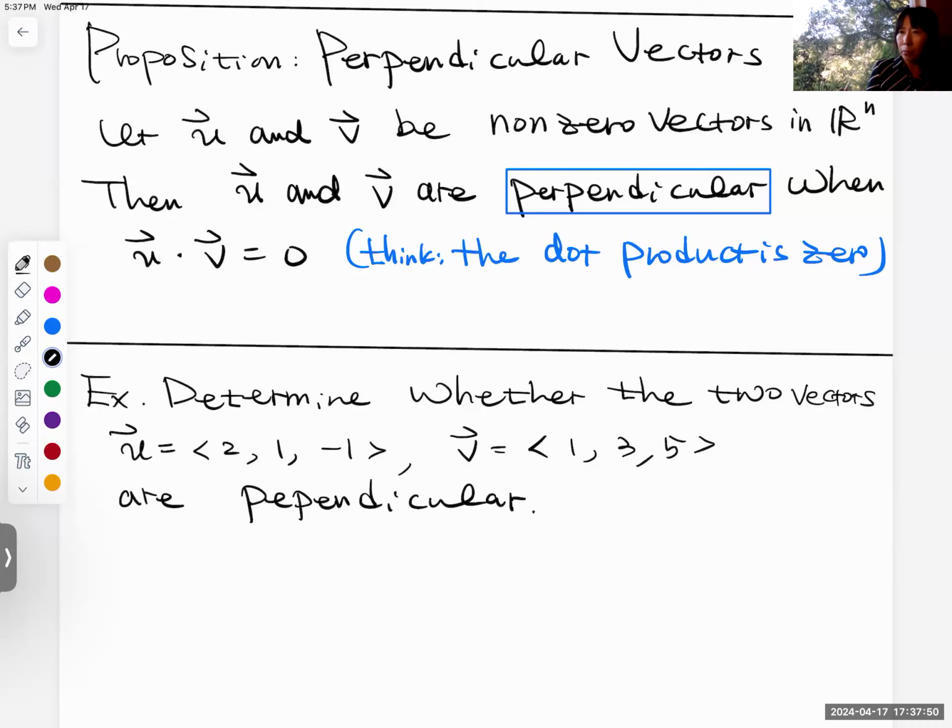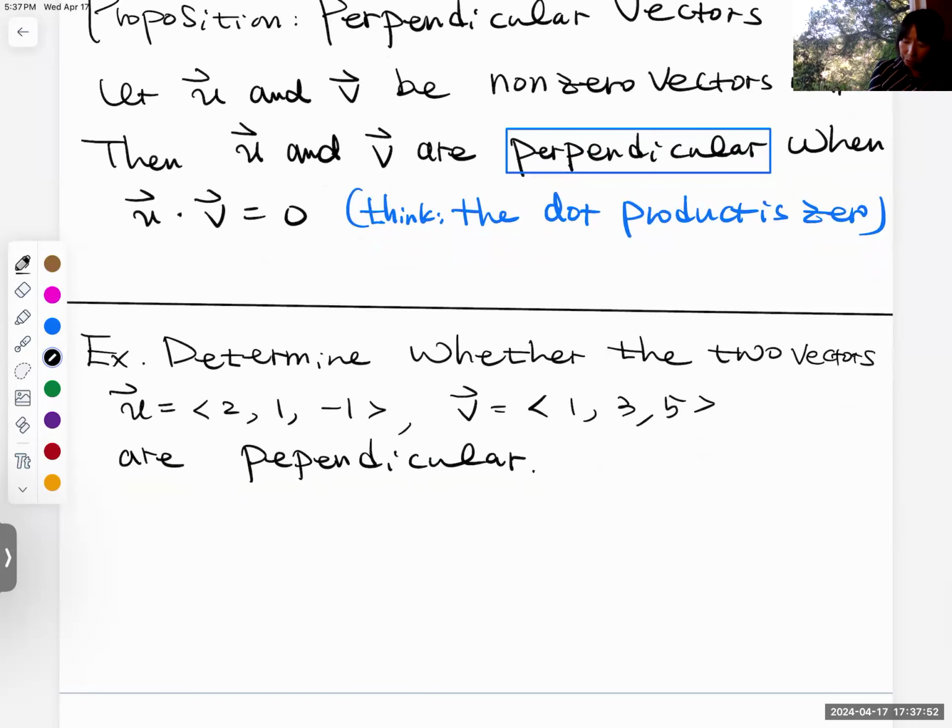Okay. So in order to find whether they are orthogonal, perpendicular, we have to check that, right? You start with the first component with the first component. So 2 times 1 plus 1 times positive 3, plus -1 times 5.